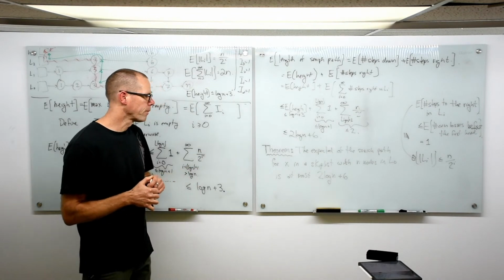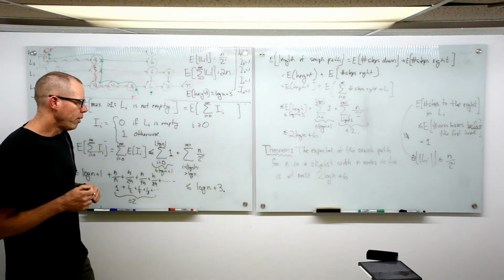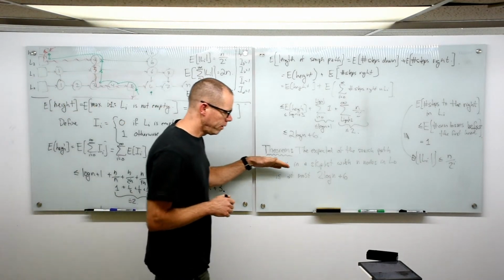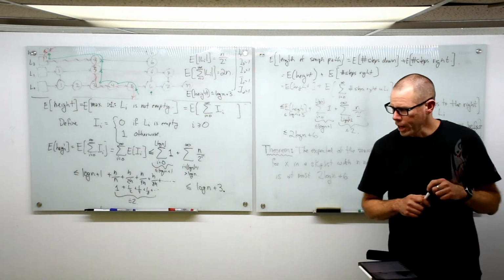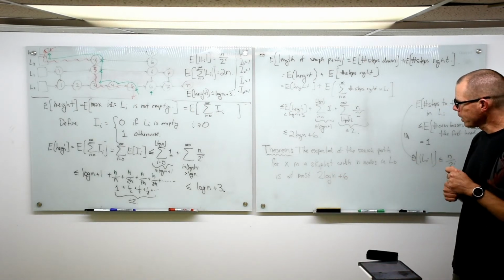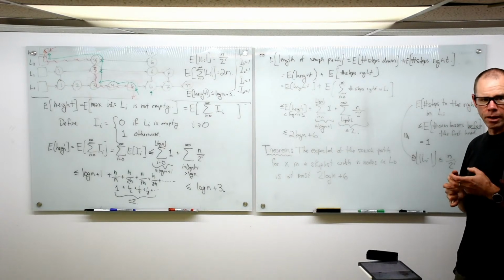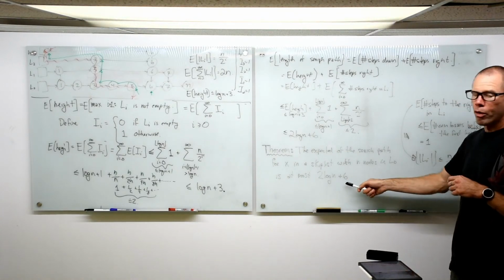Okay. And what does this mean practically speaking? Well, one nice thing here is we actually get real constants, 2 log n plus 6. So I can tell you these values, right? When n is 1,000,000, this number is about 46.